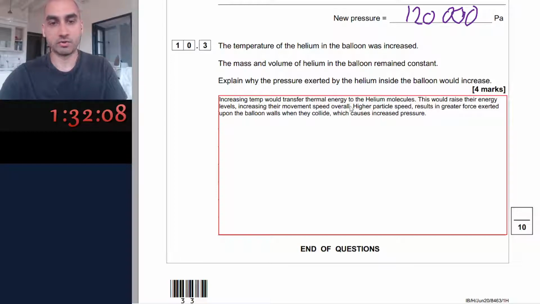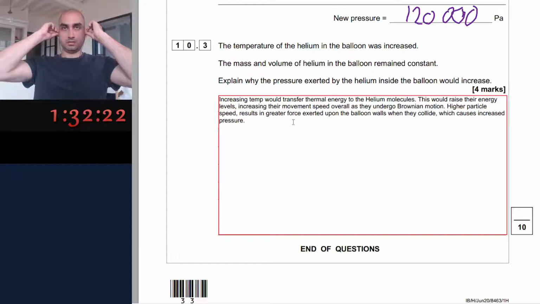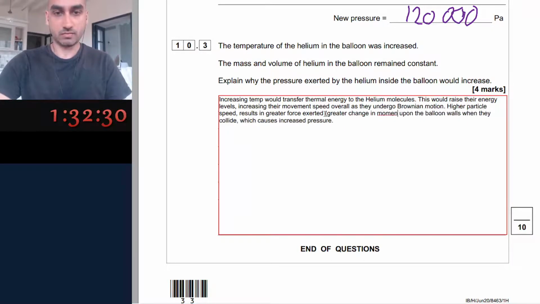Shall I mention Brownian motion? As they undergo Brownian motion, higher particle speed results in greater force. Is that true? Yeah. Greater force exerted, greater change in momentum via Newton's second law. We're getting everything in there.